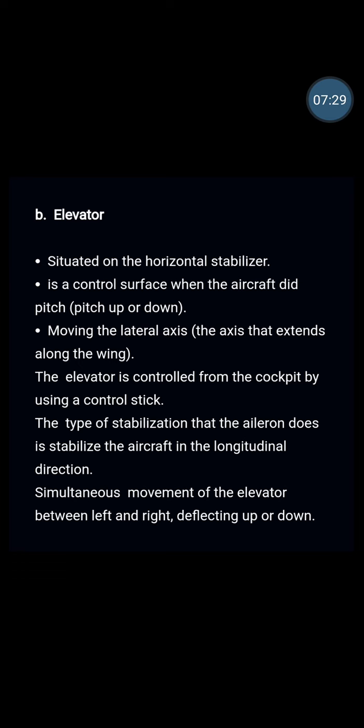The type of stabilization that the elevator does is stabilize the aircraft in the longitudinal direction. The elevator moves together between left and right, deflecting up or down.